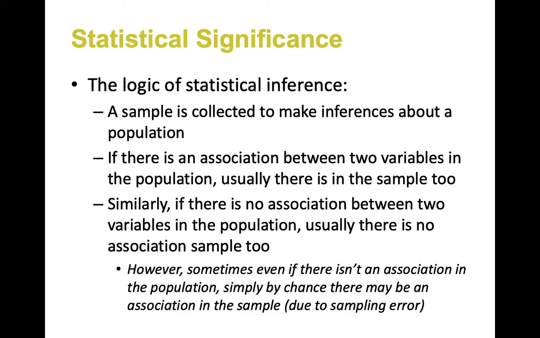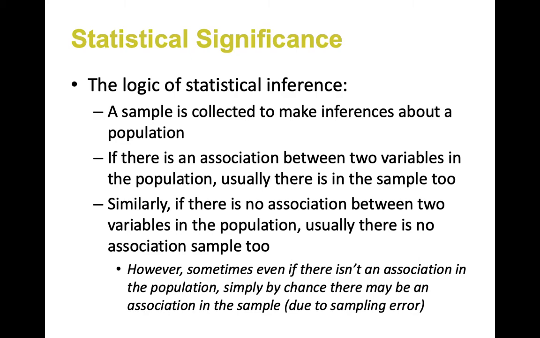That is, because we're dealing with a smaller set, a sample of the population, the statistics that we calculate in our sample can sometimes be in error. Okay, so even though there isn't an association in the population, sometimes we could find an association in our sample, and that could merely be due to sampling error.